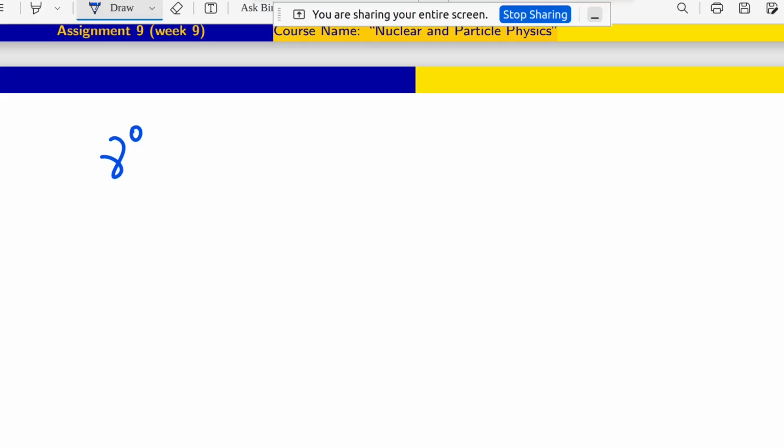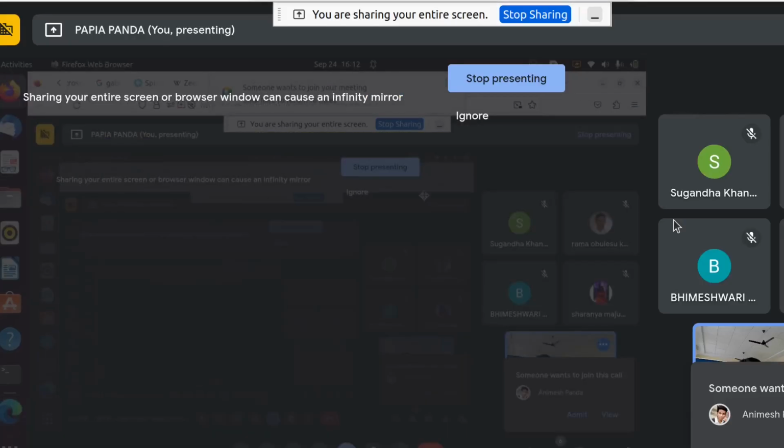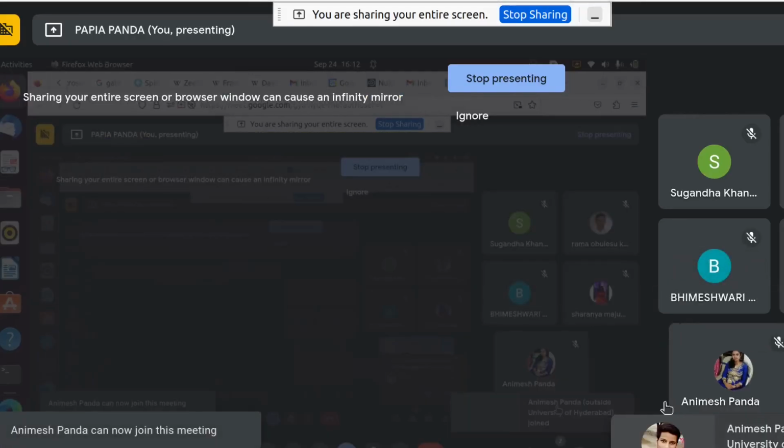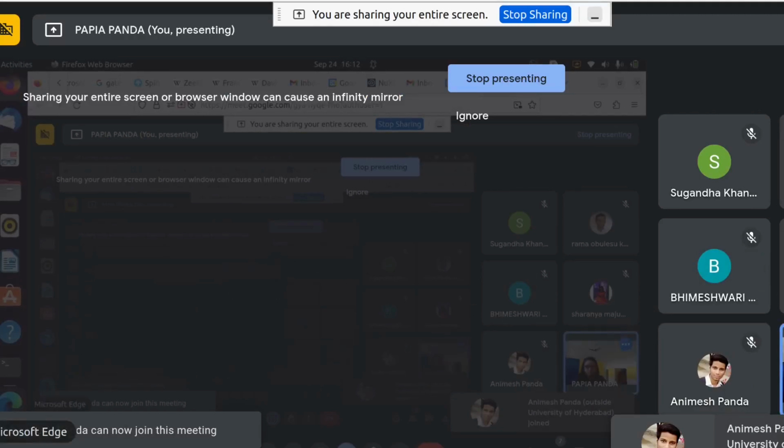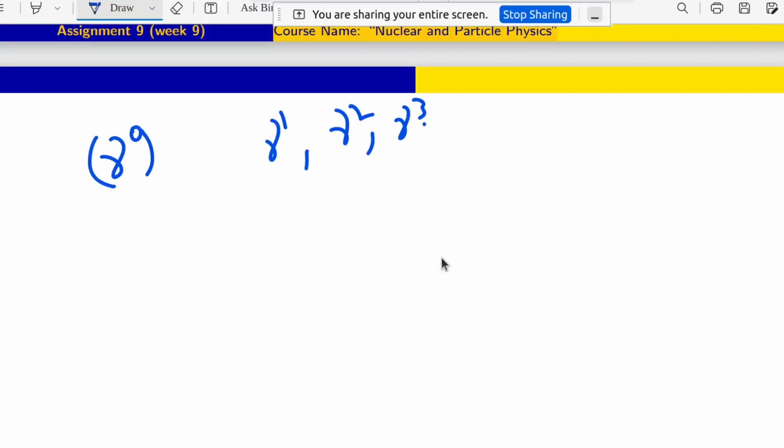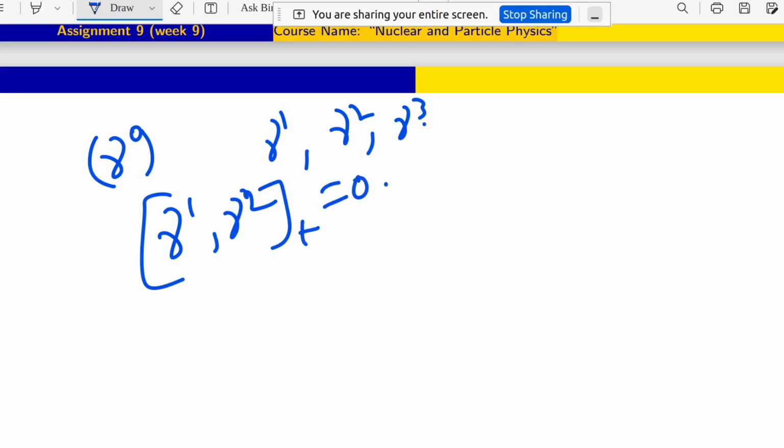So like I told you, gamma 0, gamma 1, gamma 2, gamma 3 have some properties. What are the properties for these gamma functions? Any type of gamma, so gamma 1, gamma 2, the anti-commutation will be 0.